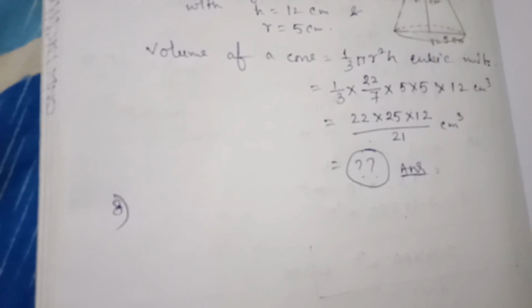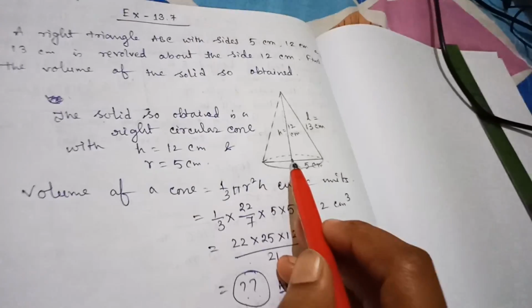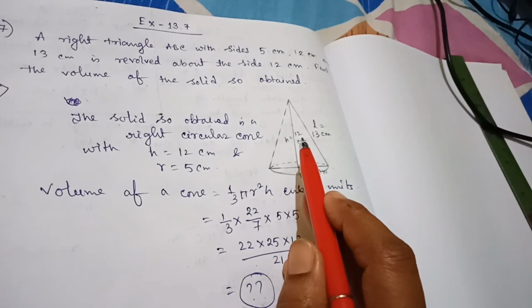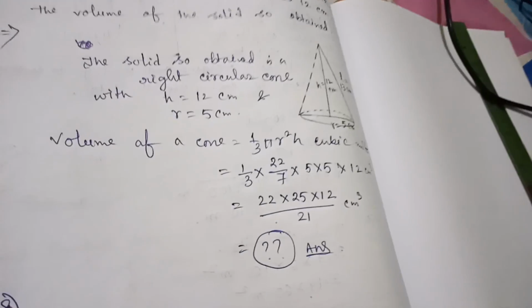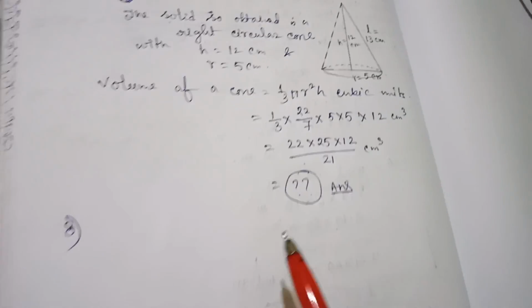Question number 8 is not a new question. It is actually a part of question number 7. Here in question number 7, the axis was the side 12 centimeter. Now in question number 8, it is telling that the axis will be the side 5 centimeter.